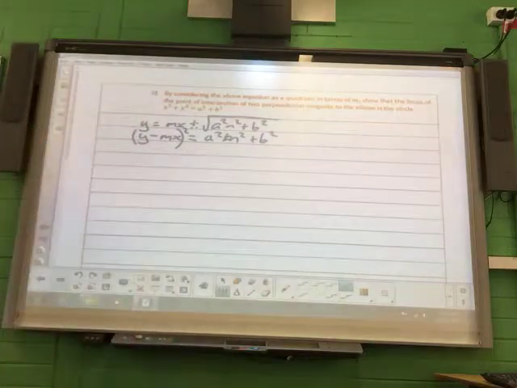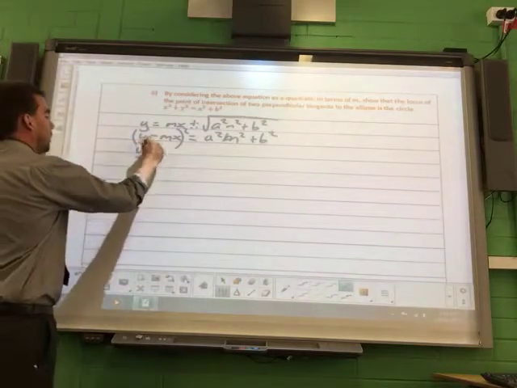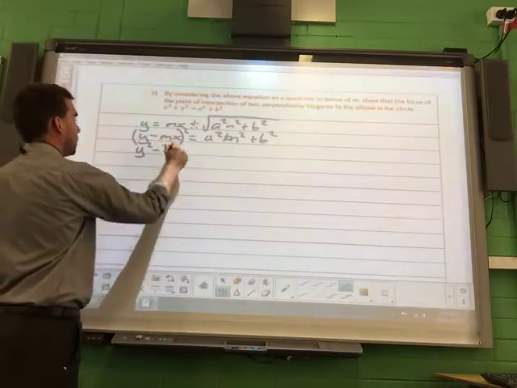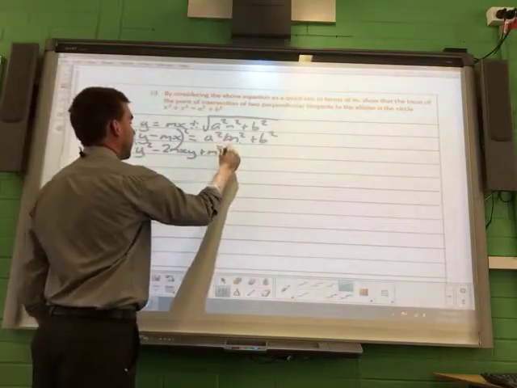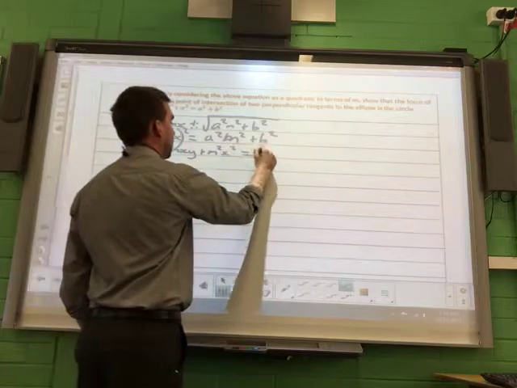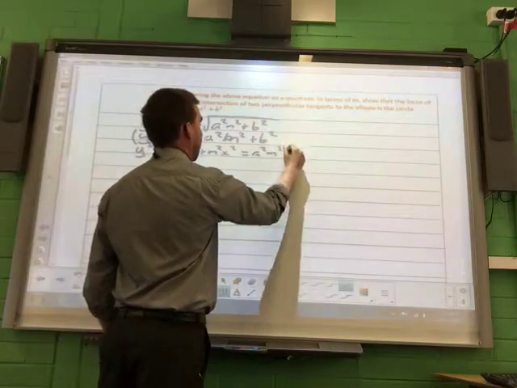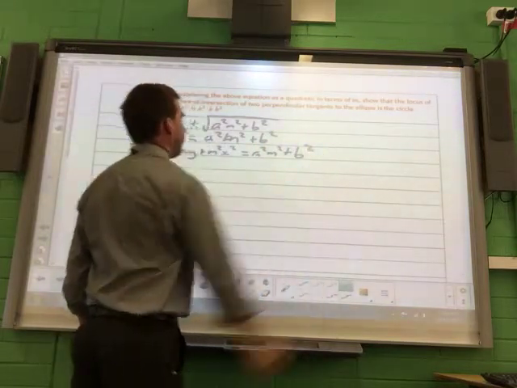Move mx to the left hand side and square both sides: y squared take away 2mxy plus m squared x squared is a squared m squared plus b squared.